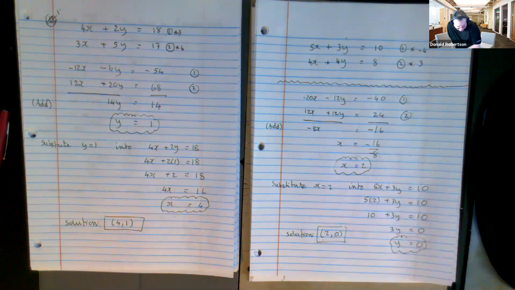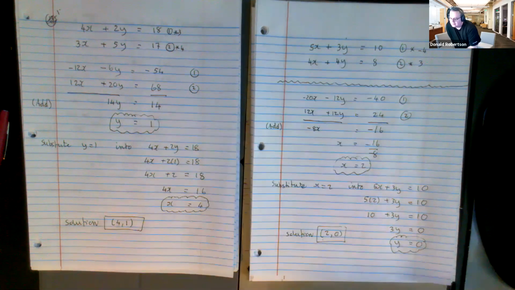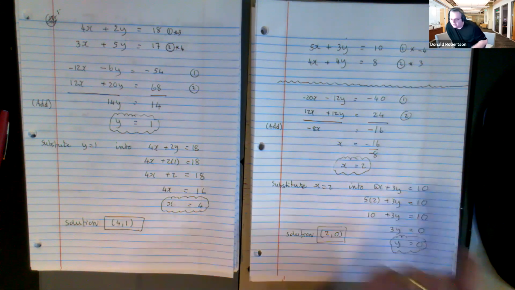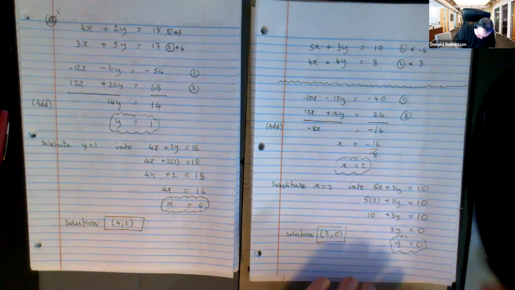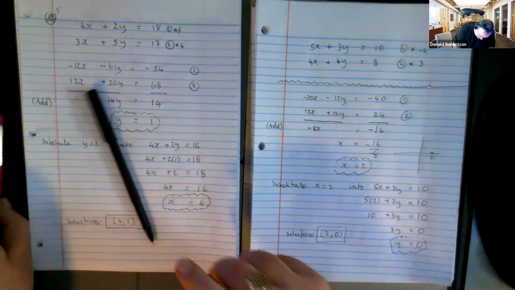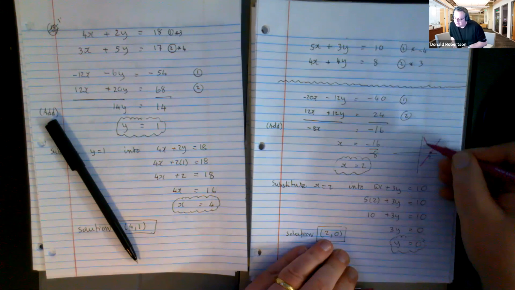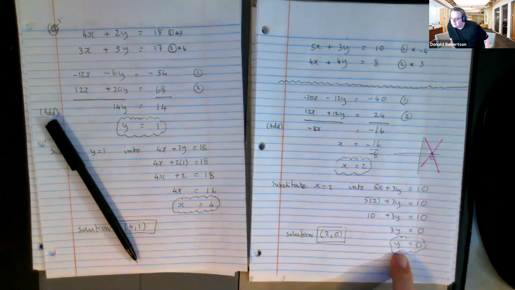And if you weren't that sure, couldn't you plug these into Desmos and just find out? And you would see that at 2, 0 on the x-axis, the 2 lines would meet. I'm not saying this is what it looks like, but you'd probably get something that looks like that. And you'd say, 2, 0, I'm cool.